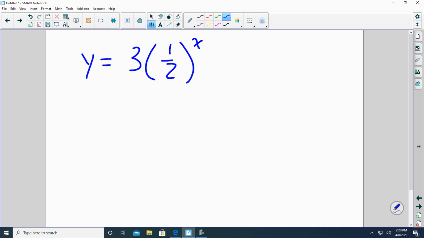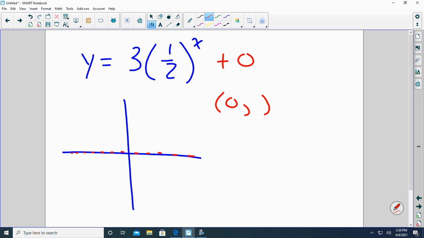Okay, so this kind of graph is going to look very similar to this. I have something called an asymptote, which is going to happen at the x-axis, because there was nothing added to it. And then if I wanted to figure out a couple points to plug in, I could plug 0 in. 1/2 to the 0 is 1. 1 times 3 is 3, so I get 0, 3.